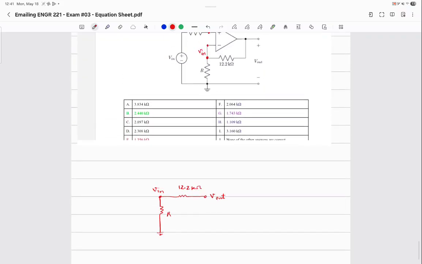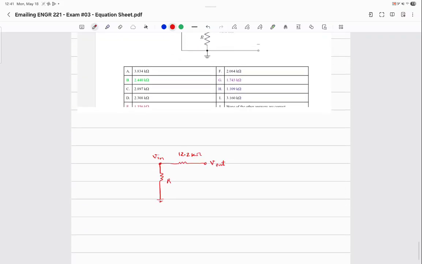Now, it's a voltage division. So I can write Vout multiplied by R divided by R plus 12.2 kilo ohm is equal to Vin.